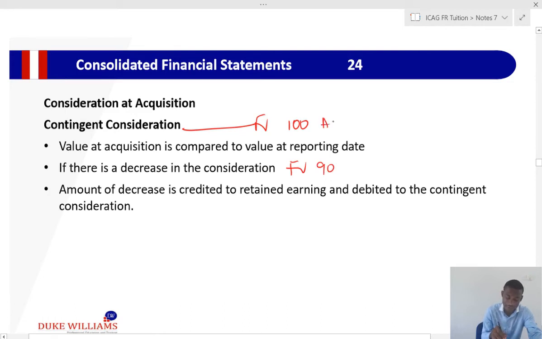This is at acquisition, the date of acquisition. This is reporting. If there is a decrease in it, this decrease is a gain, and that gain has to be credited to P&L and added to the retained earnings. But if we have 100 here and it has increased to 120, this becomes a loss, and the loss is needed to increase the liability. And know that the contingent consideration is a liability. Great.